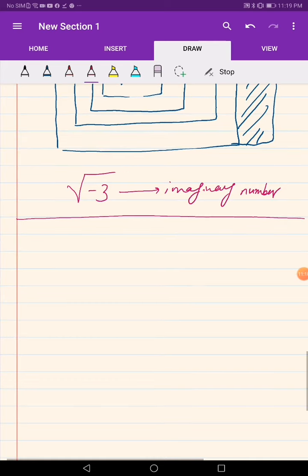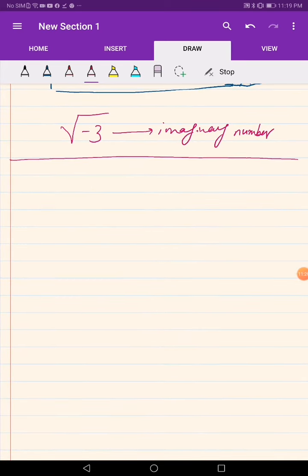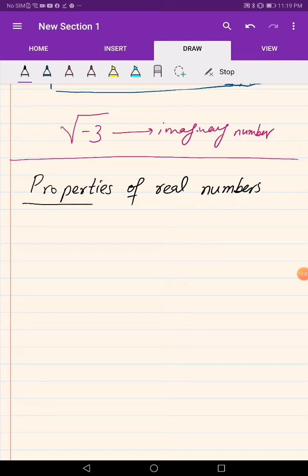Now we come to the real number properties. So the properties of real numbers.